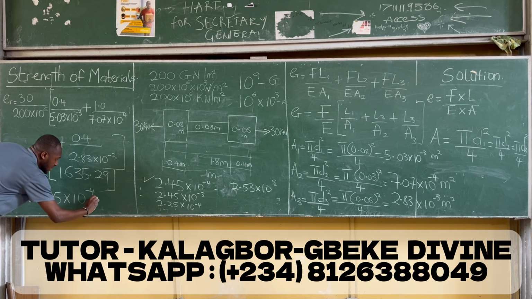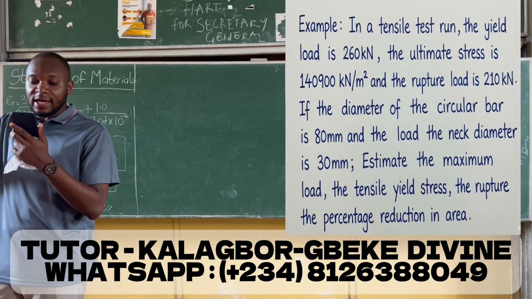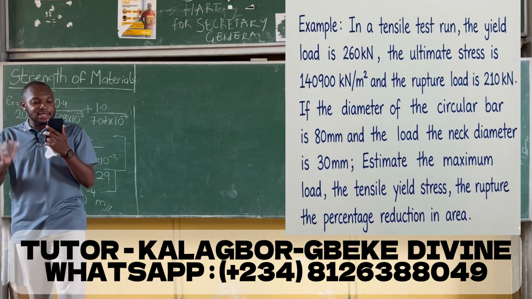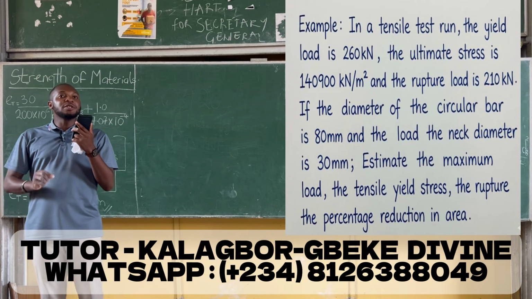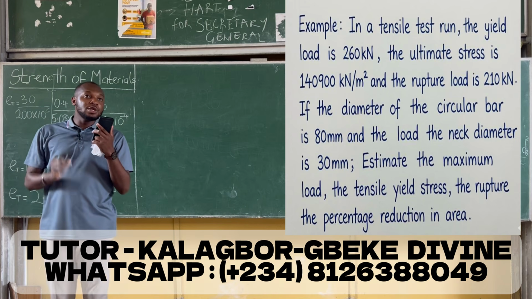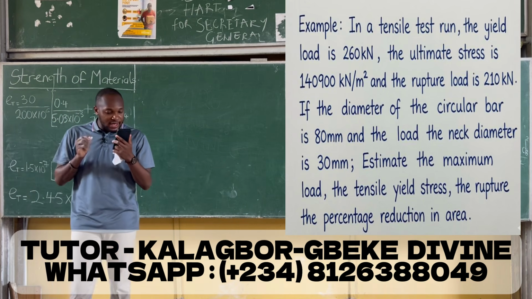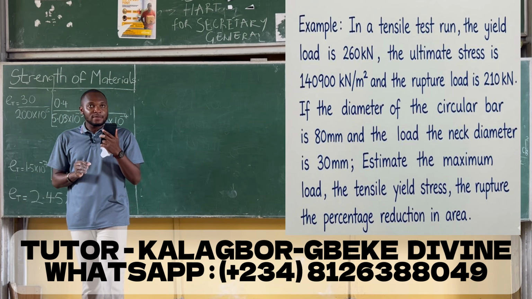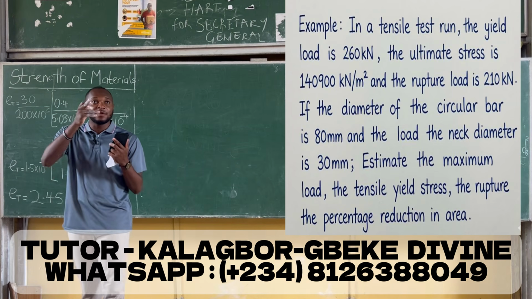Meters. In a tensile test run, the yield load is 260 kilonewton. The ultimate stress is 140,900 kilonewton per meter square, and the rupture load is 210 kilonewton. Are you following?